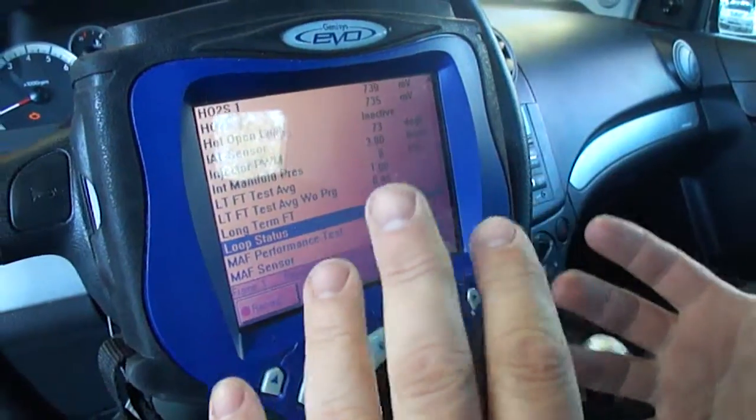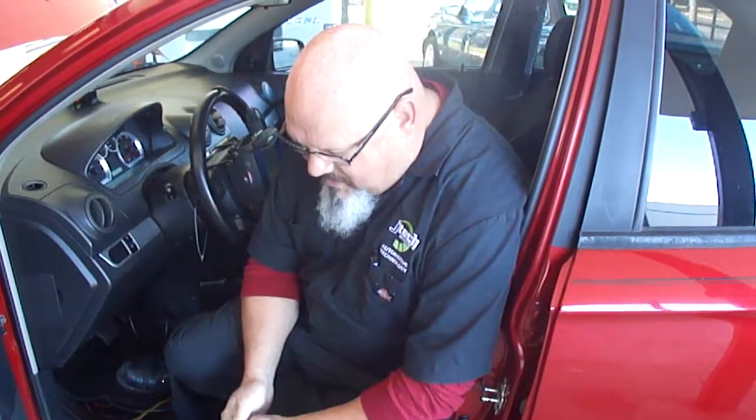So you can use all these numbers to help troubleshoot and diagnose, or help lead you to what's causing the engine to run poorly. One last thing I want to say is the engine management computer is striving to make the engine run at what's called a stoichiometric ratio, which is 14.7 to 1.